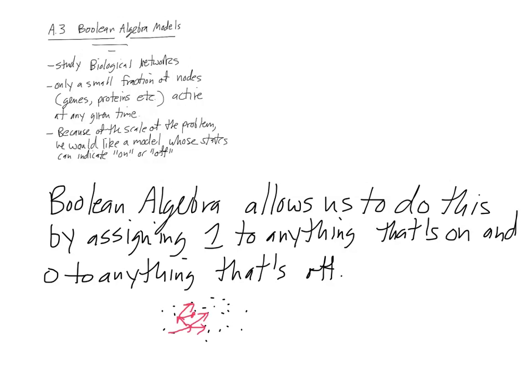For example, let's say that this node here had the value of 101, this node here had the value of 517, and this node had the value of 14, and all the other nodes were off.